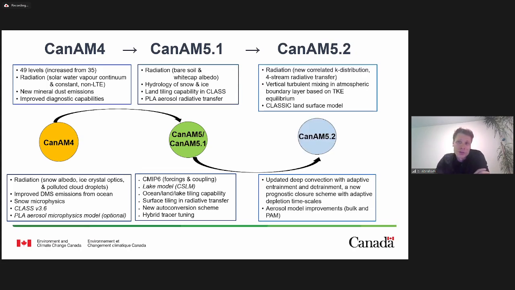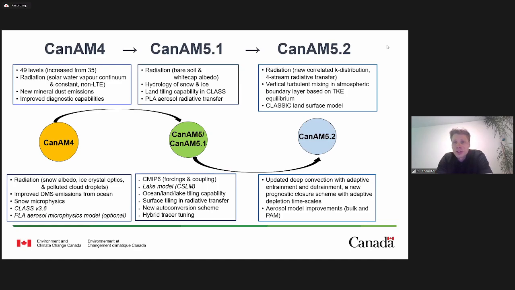But as we're going now towards CanESM 5.2, we get an update of some of the major physical parameterizations. So we get a new radiation code with a new correlated K distribution. We have a 4-stream radiative transfer approach now.